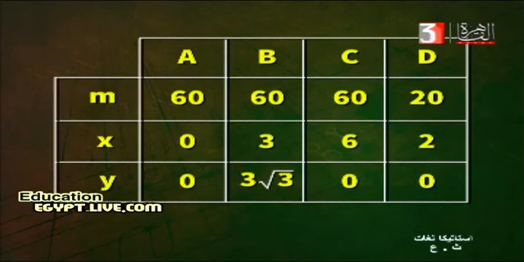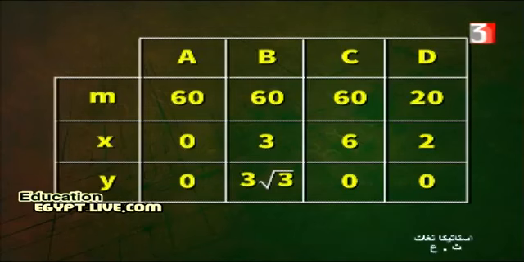By using the rule, what is the xG? 60 times 0 plus 60 times 6 plus 60 times 3 plus 20 times 2 over 60 plus 60 plus 60 plus 20, or 200.